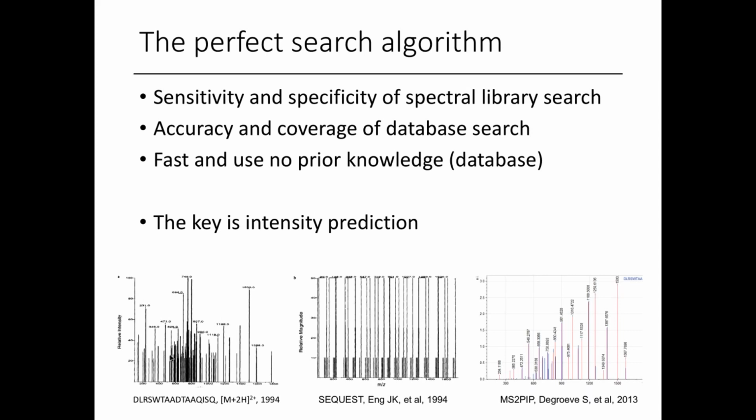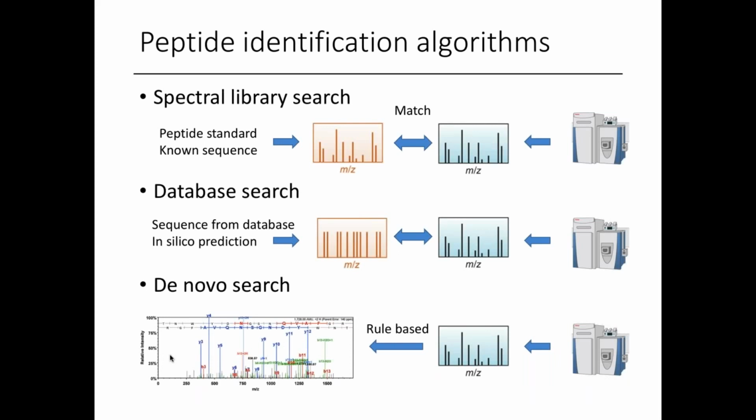Toward this end, I think the key is intensity prediction. If we roll back one slide, what I mean is that in an ideal situation, if we can predict perfectly the intensity of all the b ions and y ions, essentially from the database, we can now have a spectral library.